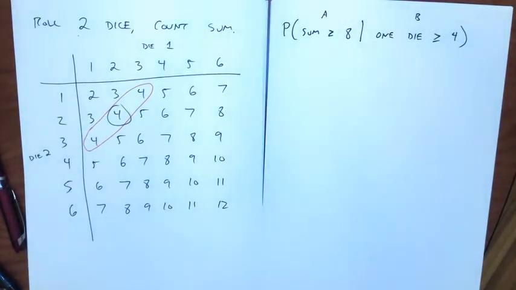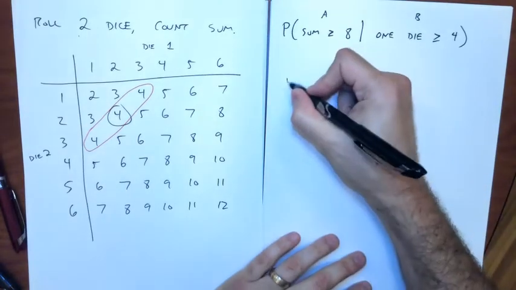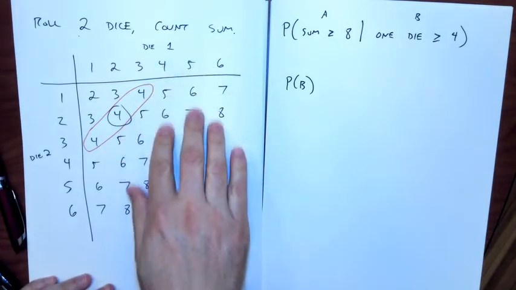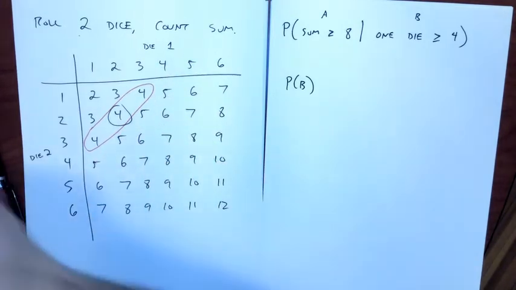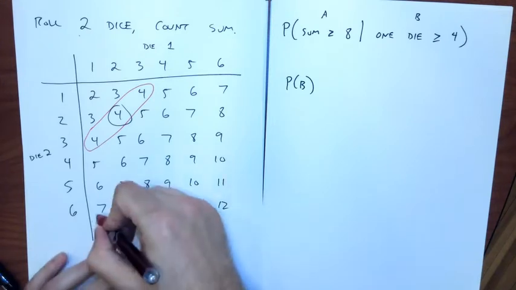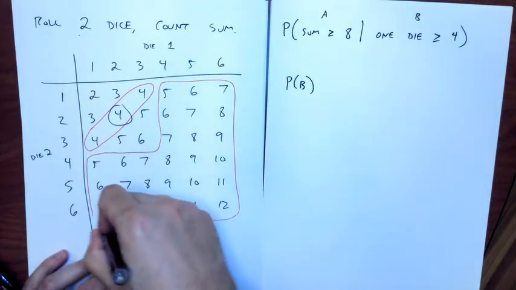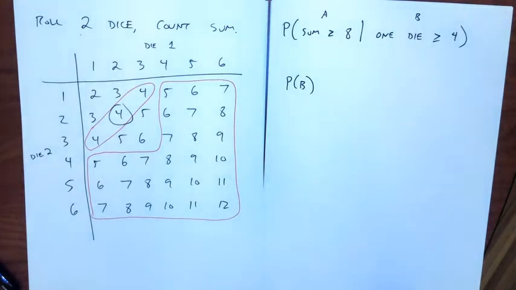Well, what's the probability that one of the dice is greater than or equal to 4? My probability of B is basically saying either I'm in this world or I'm in this world, right? So actually, the probability of B is like this area here. It's 3/4 of the sample space, right?